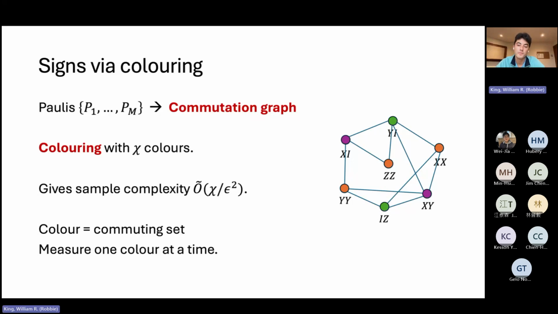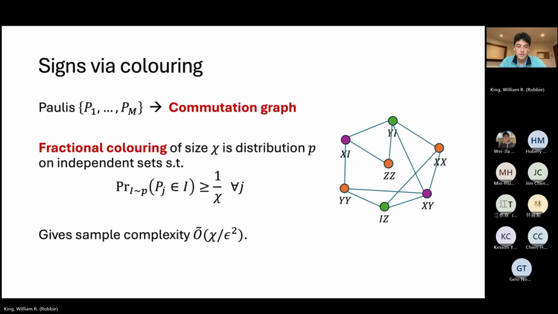So you can see that once I have a coloring of this kind, the sample complexity to learn all of these Paulis scales like the number of colors in my coloring, because I can measure one color at a time, because I can simultaneously diagonalize those via some Clifford operation. So yeah, this object will be very, very important.